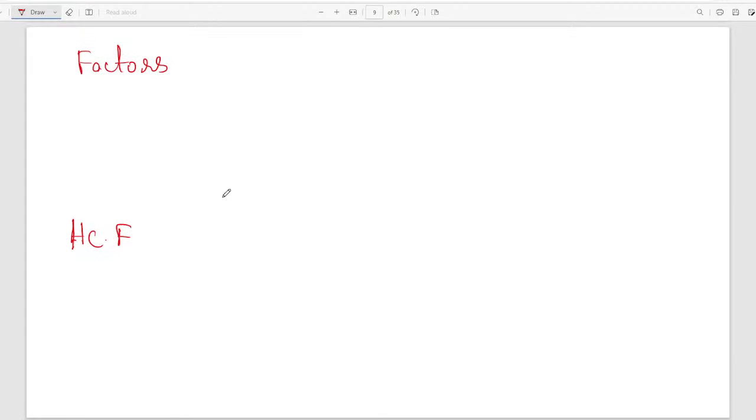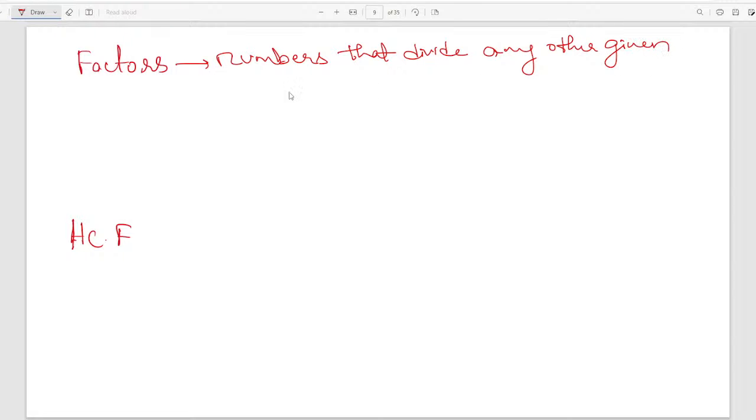So we already covered the factors. Factors are those numbers that divide any other given number completely.